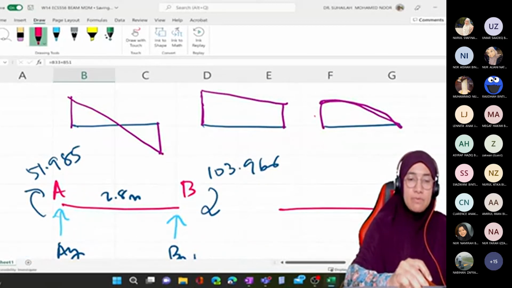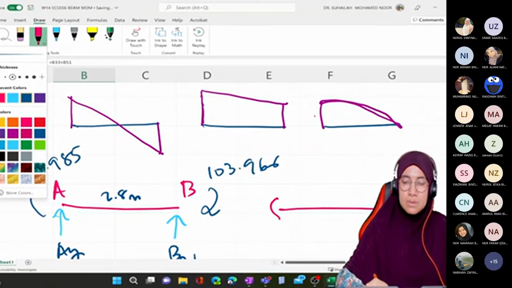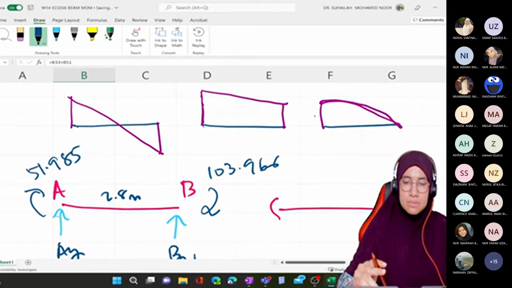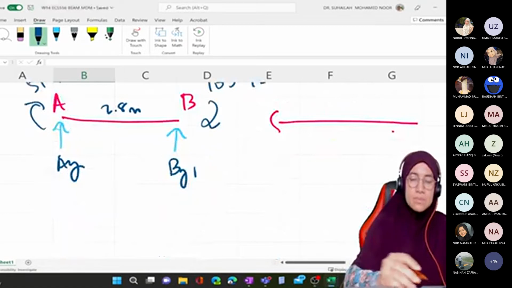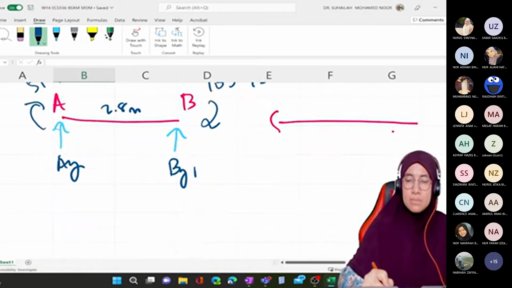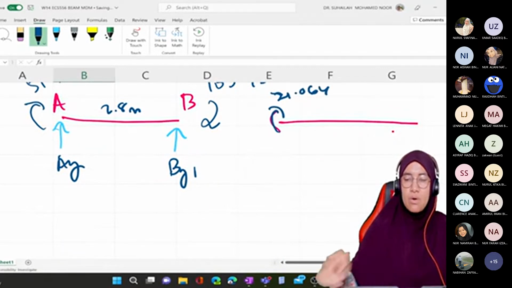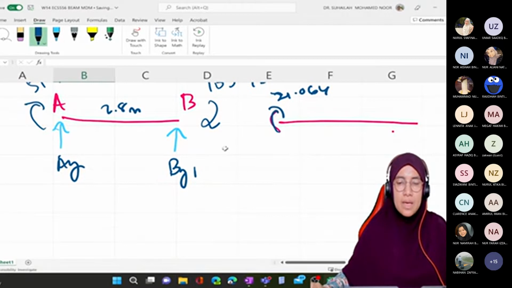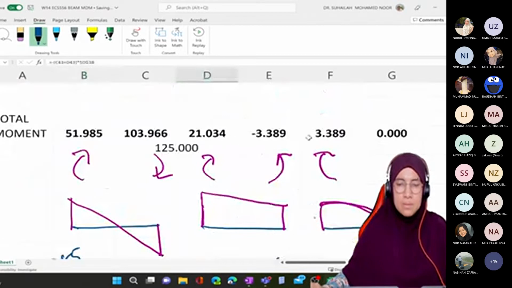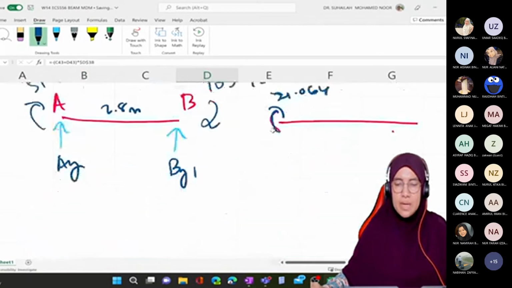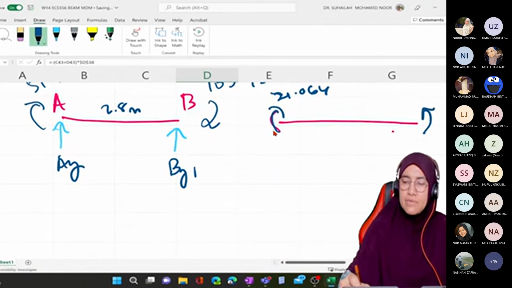It is positive. Negative 21.064 and negative 3.389. So it is negative 3.389.